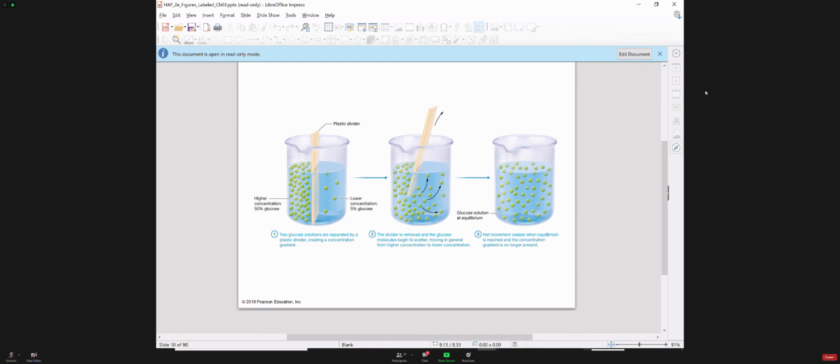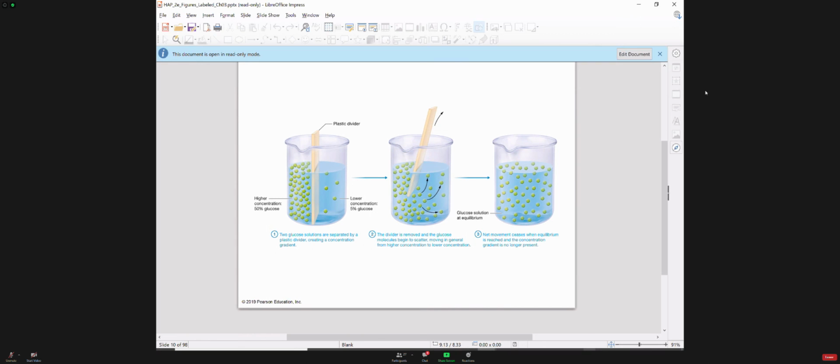The properties of the membrane, what's happening, and we will have some experiments done with the special membrane, but also we have different kinds of transport.